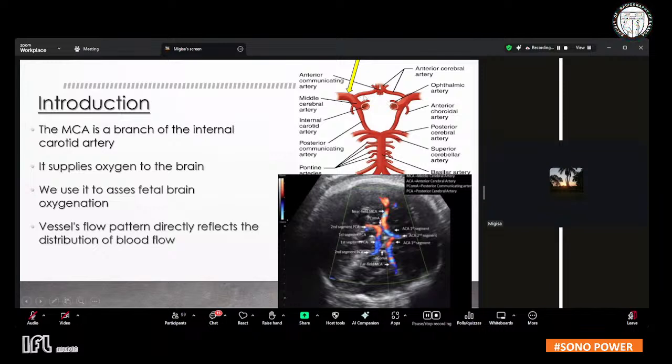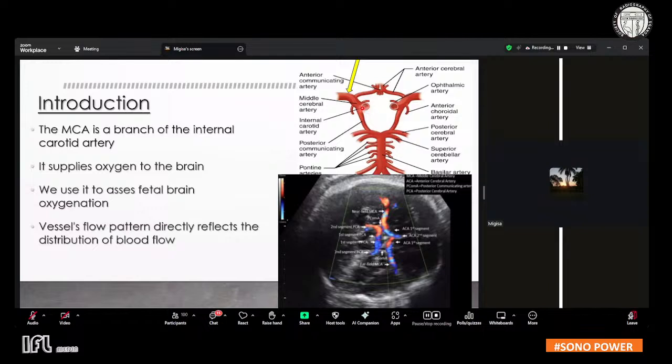So as we can see in this image here, the middle cerebral artery is a branch of the internal carotid artery, and it comes off the terminal end of the internal carotid artery as it joins the circle of Willis at the base of the skull.